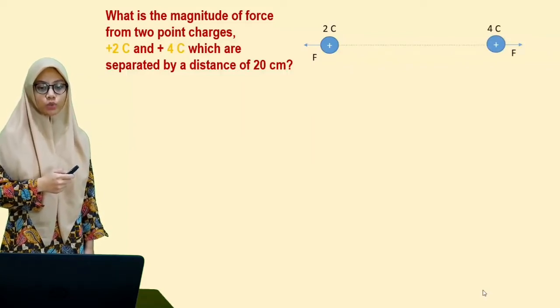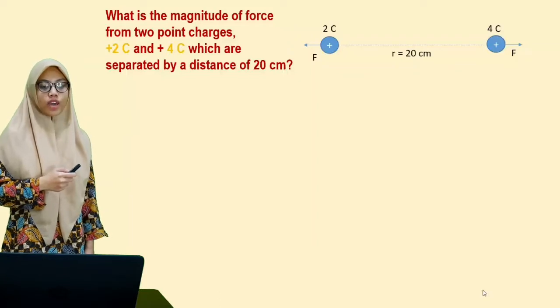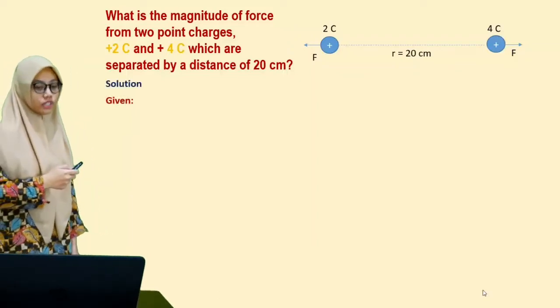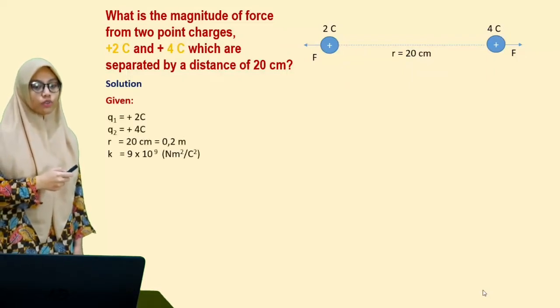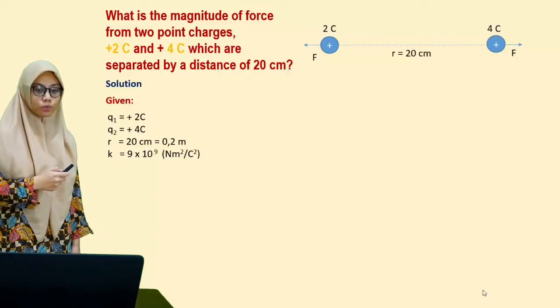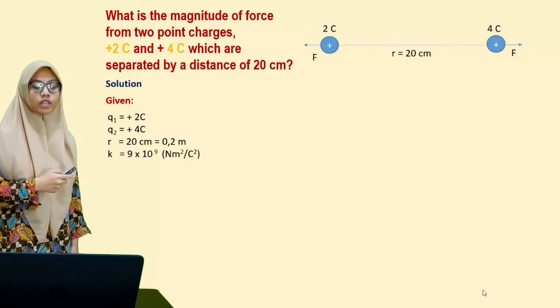They are separated with a distance of 20 centimeters, or the radius is 20 centimeters. To answer the question, we must write the given first. From the question, we know that the given is Q1 equals plus 2 Coulomb, Q2 equals 4 Coulomb, and R or radius equals 20 centimeters.